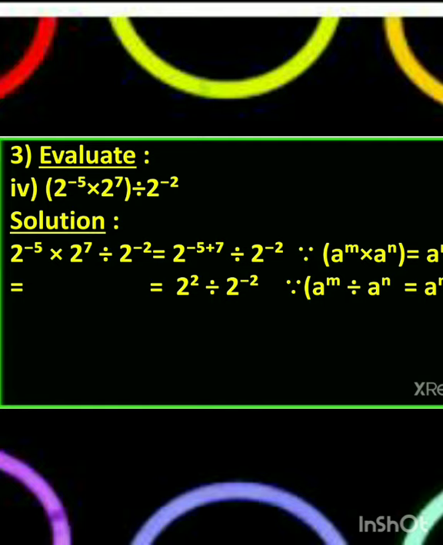Here the bases are equal but the powers are different. Here they are dividing, so a power m by a power n equal to a power m minus n. So 2 power 2 minus of minus 2. Then minus into minus will get plus. So 2 plus 2, that is 2 power 4.